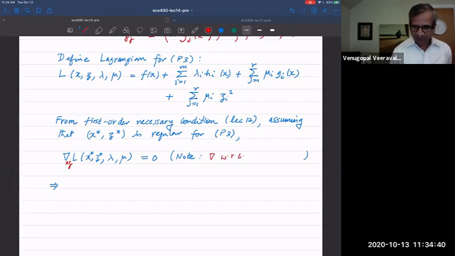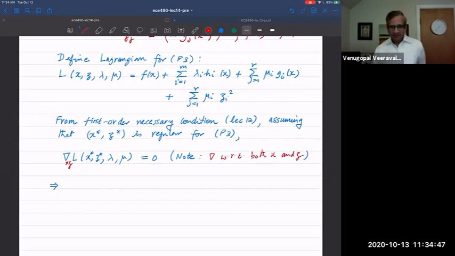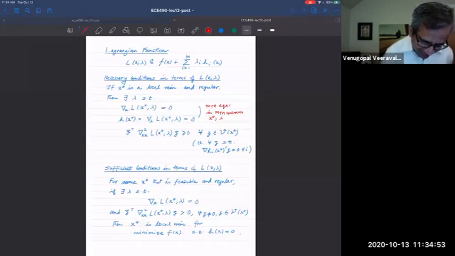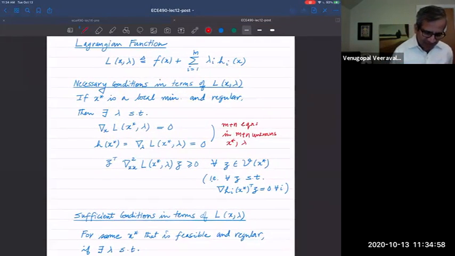Or maybe that's what I meant to write here. Has to equal 0. Let me just remind you again in case you forgot. This is the first order necessary condition from lecture 12, right?